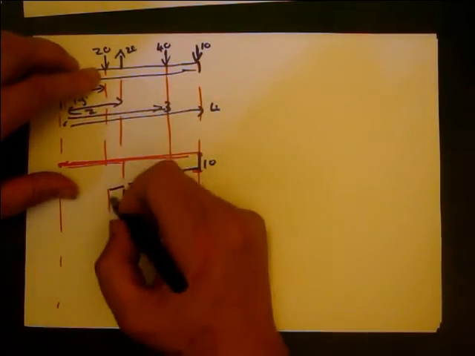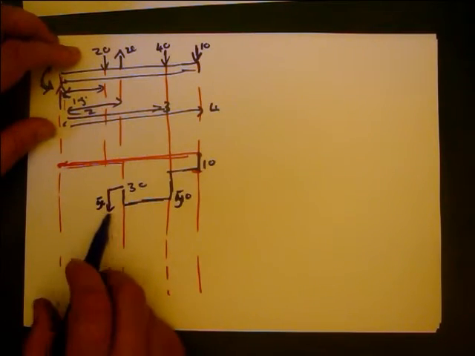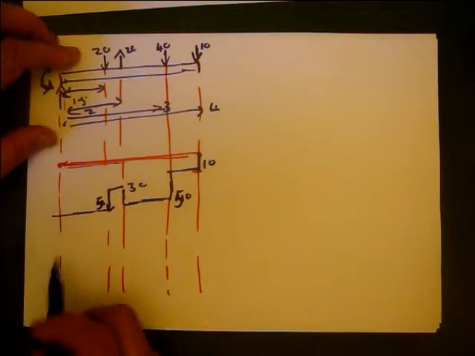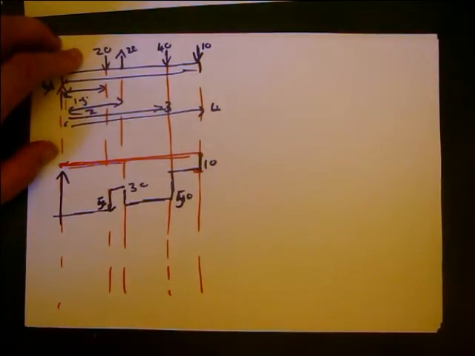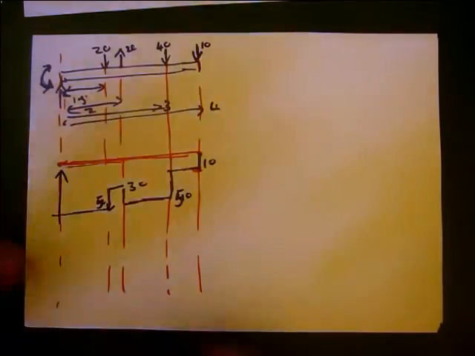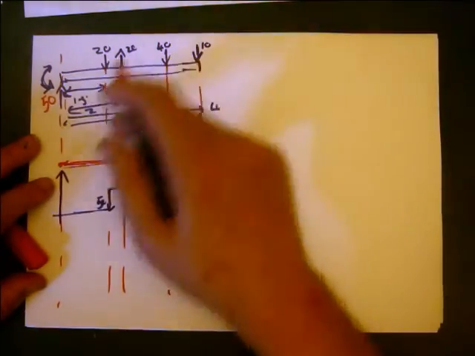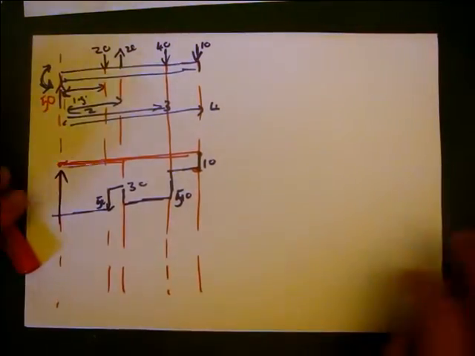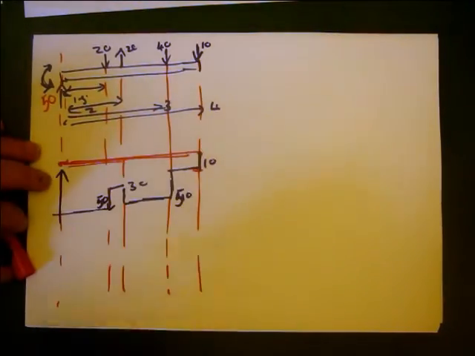We drop down 20 again, back to 50. Then we go along at 50. And this is going to be our reaction force, or our fixing force. At this point here, we must have a fixing force of 50 kilonewtons. If we've got 50 acting down, there must be 50 acting up here, so this goes up 50.